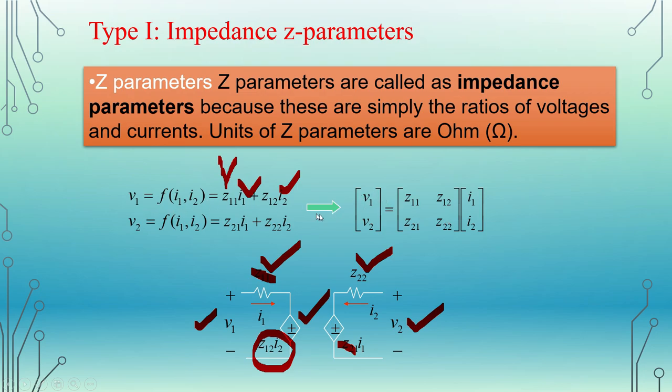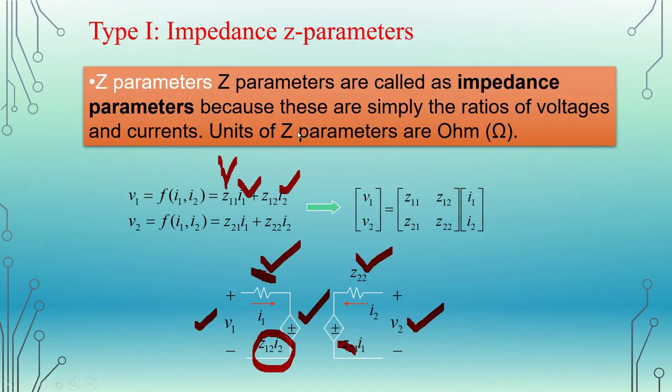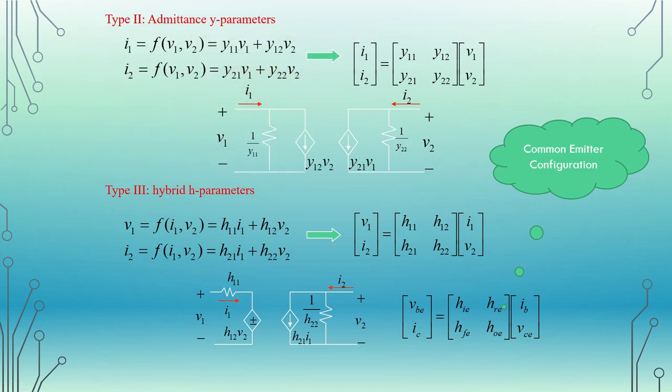So from this expression we can form it in the form of a matrix. V1 and V2 can be represented by the matrix Z11, Z12, Z21, Z22 and the remaining terms I1 and I2. If we get some numerical based on this, using this matrix structure we can solve it. In a similar way, Z is impedance, Y is admittance.